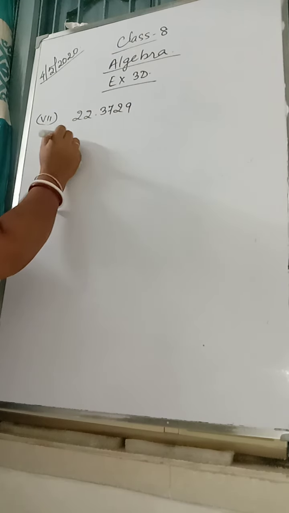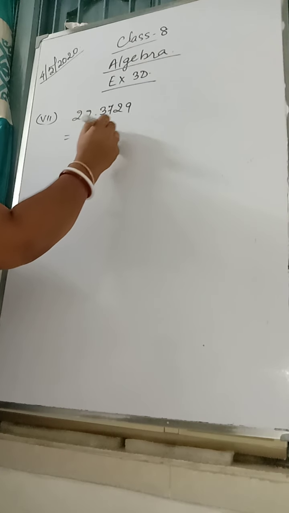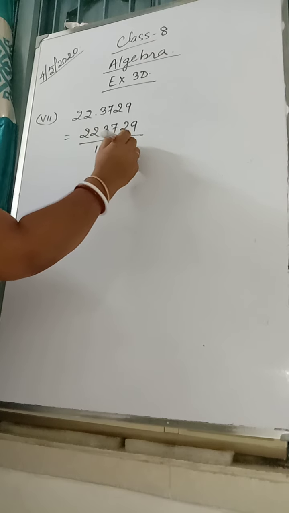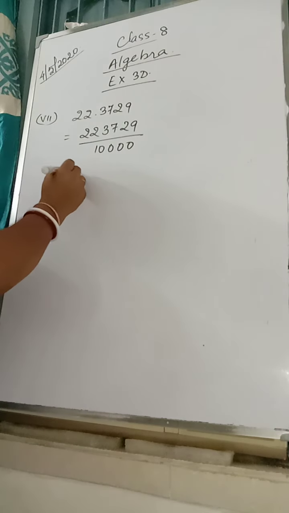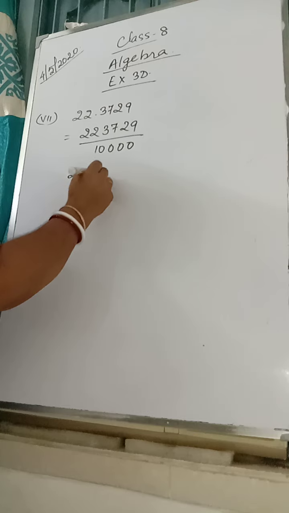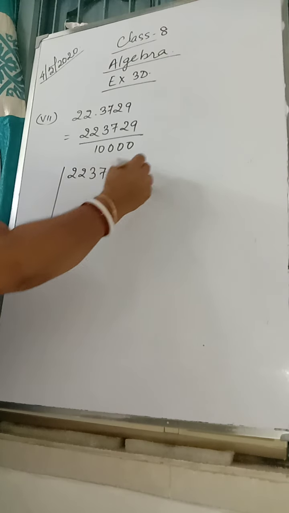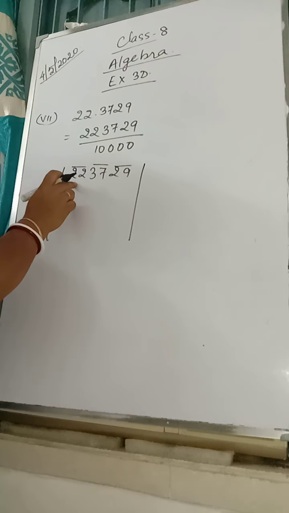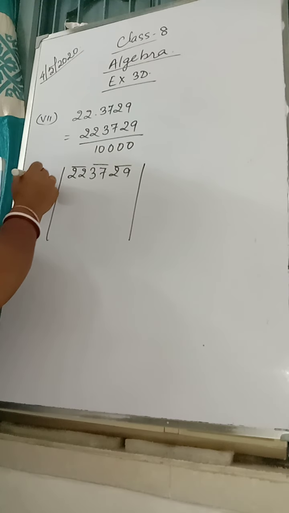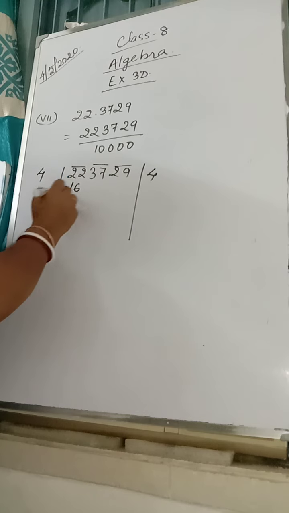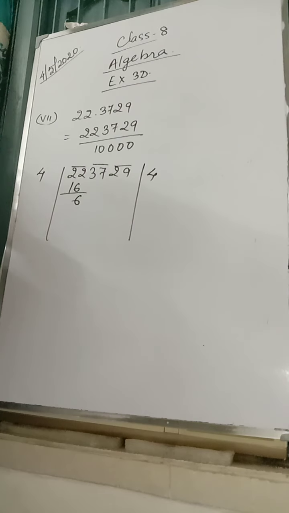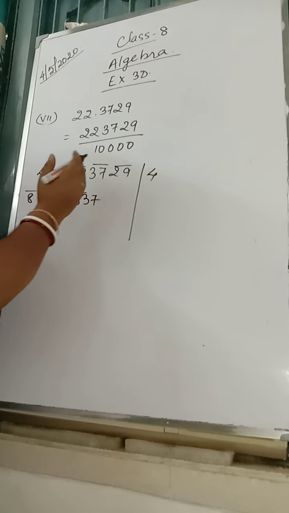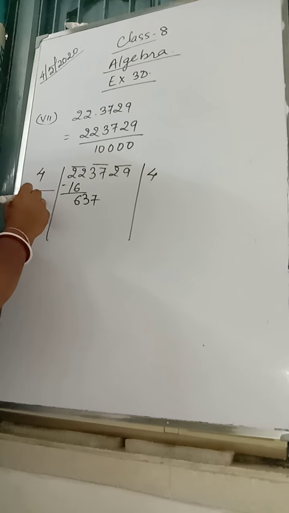22.3729, clear? Converting into a fraction, this gives you 223729 by 10,000. Now get the square root of 223729. As I have told you, first we have to make pairs. 4 4s are 16, 5 5s are 25. So we'll take 4, 16, 6 is the remainder, 37 is coming down, double of 4 is 8. 8 7s are 56.